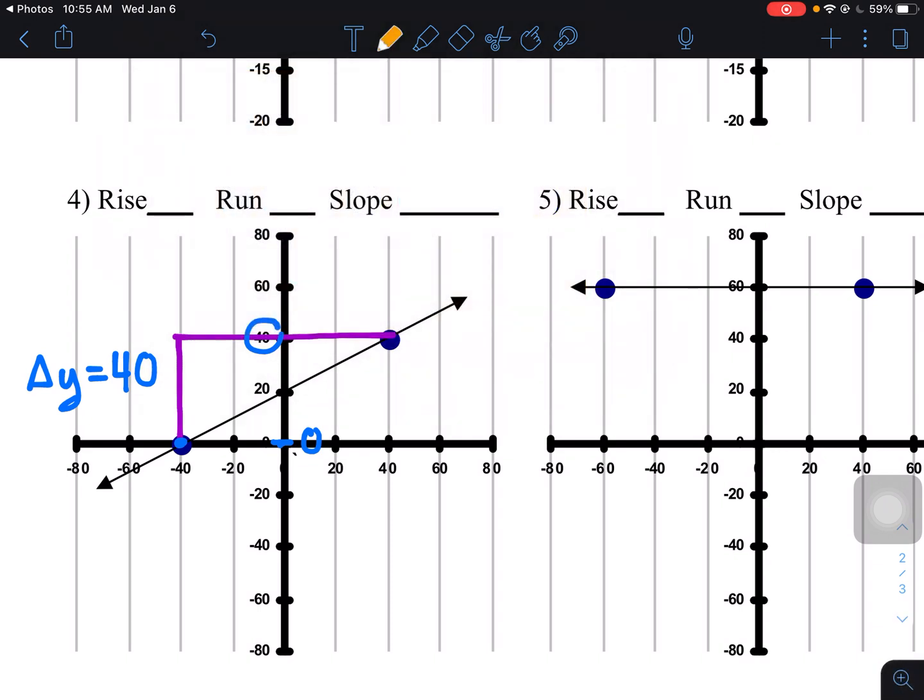My run goes from negative 40 to positive 40. Well, from negative 40 to 0, that's 40, plus another 40, that would give us 80. So from negative 40 to 40, my change in x is 80 total.